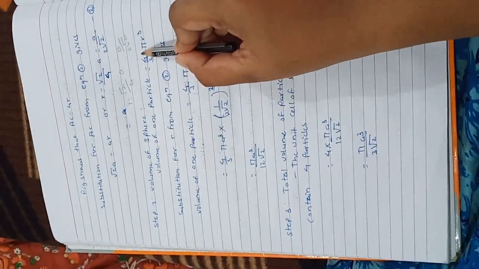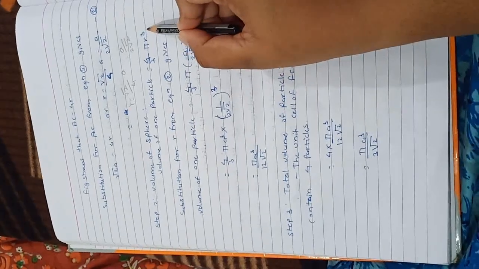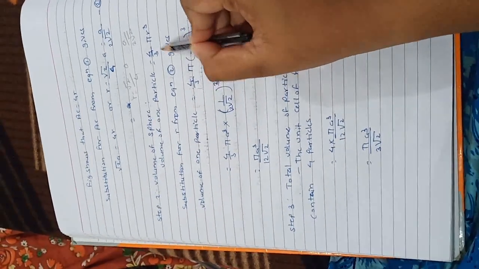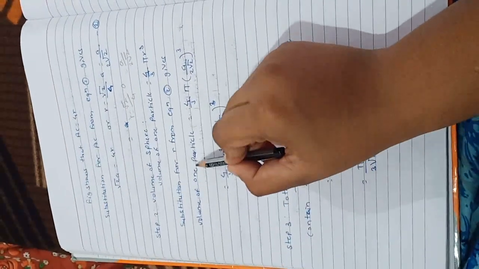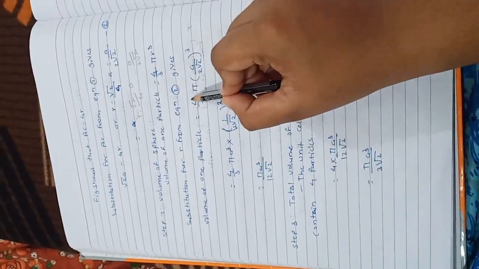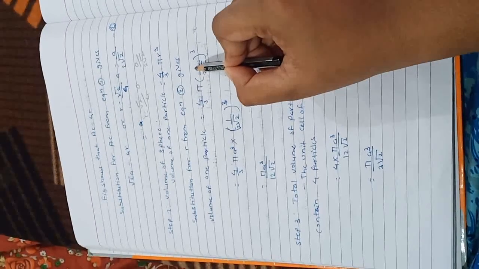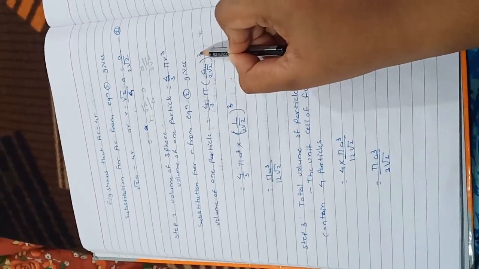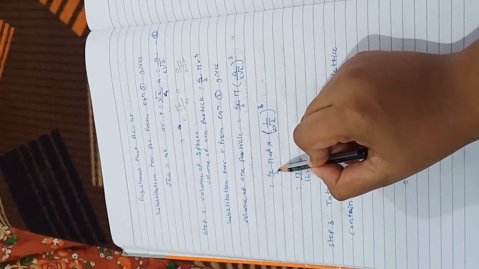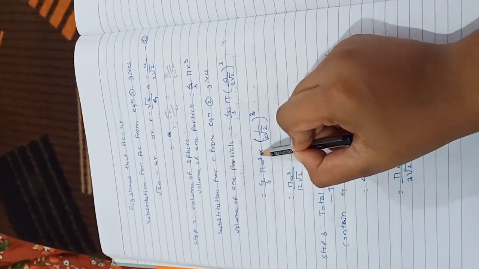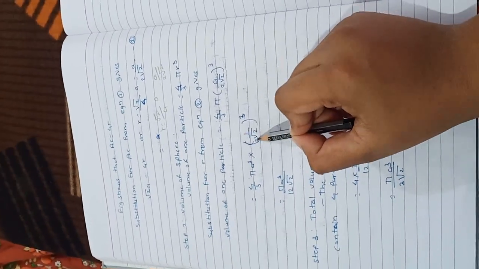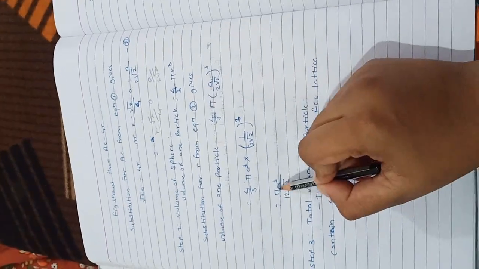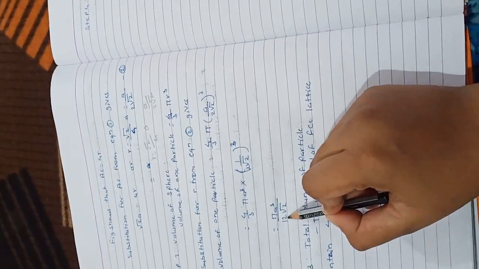Next step, volume of sphere. Volume of one particle equals 4 upon 3 into pi r cube. Substitute for r from equation 2. So volume of one particle equals 4 upon 3 into pi into (a upon 2 root 2) cube, equals 4 upon 3 into pi into a cube into 1 upon (2 root 2) cube.